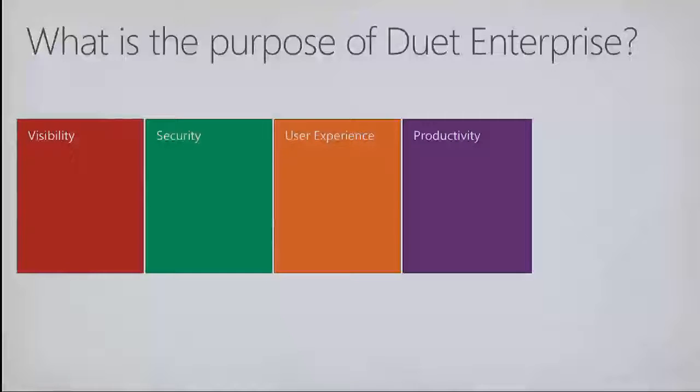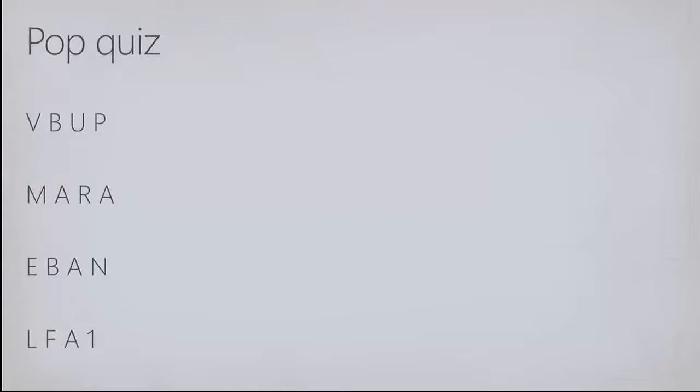There are four main tenets to Duet Enterprise. Four main issues, and the first issue we want to solve is visibility. We're going to start with a pop quiz. Who likes pop quizzes? Nobody. Who knows what these are? Hey, what are these? SAP tables. Transaction codes, tables? Absolutely.